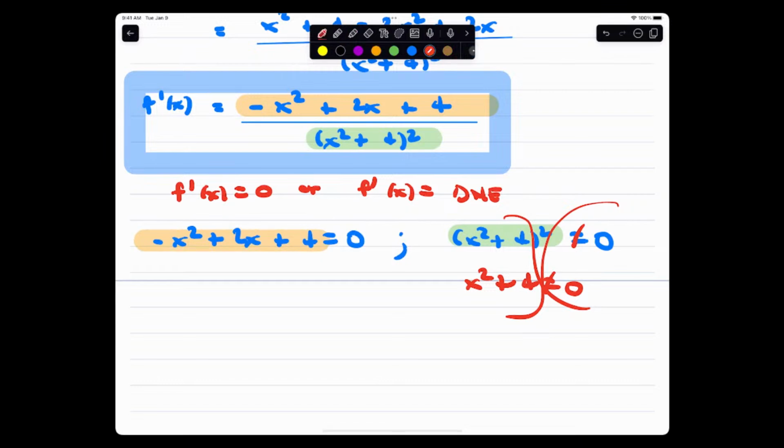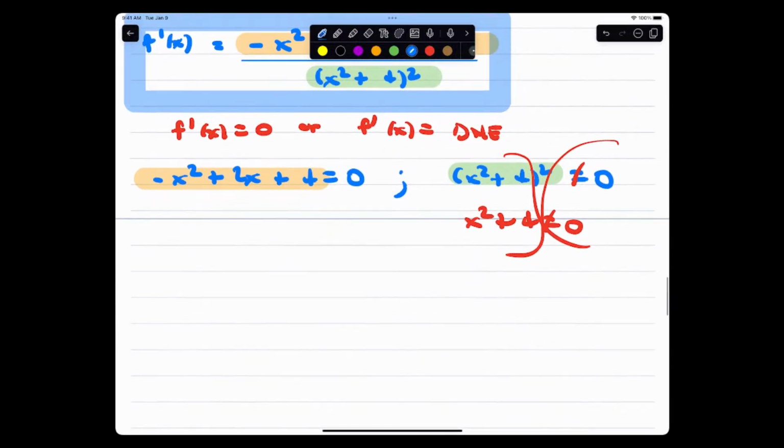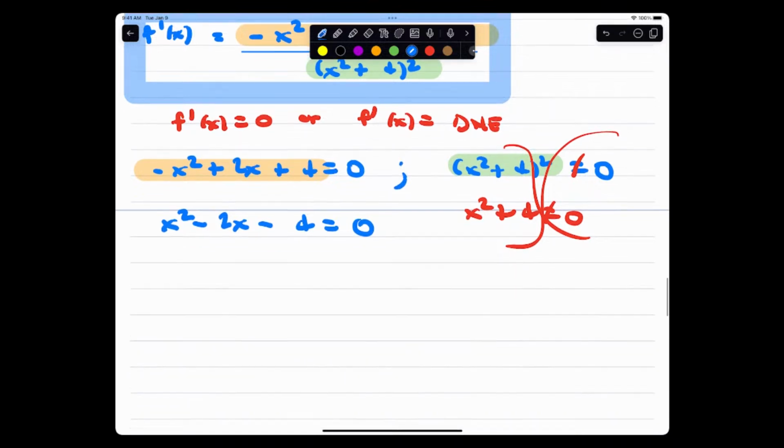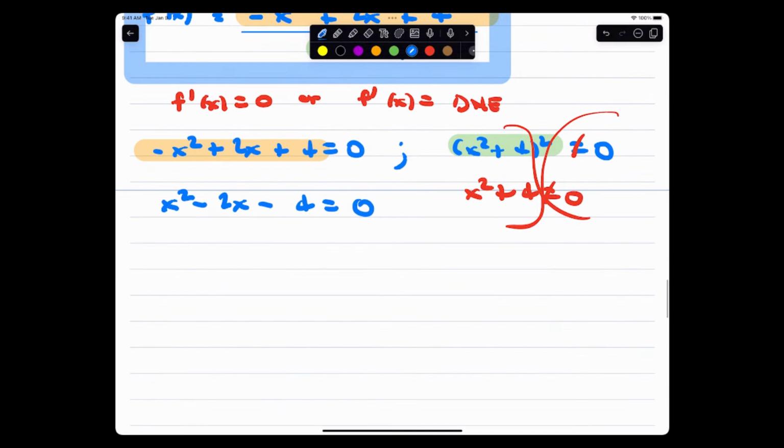We get a nice quadratic equation. I can say that this is x squared minus 2x minus 4 equals 0. Is that right? I can try to solve that one. But what do you guys know about this?